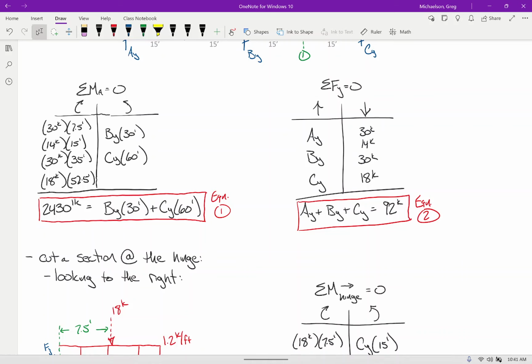I had the sum of forces in the x direction, which I used directly to find AX. I had the sum of forces in the y direction, which gave me this equation. I had the sum of moments about the entire structure, which gave me this equation. Too many unknowns without this fact. This sum of moments at the hinge is what yielded CY. Take CY, plug it into here to get BY, take these two, plug them into here to get AY.